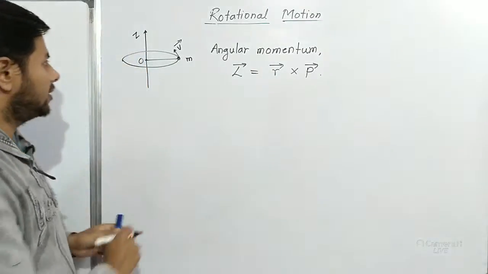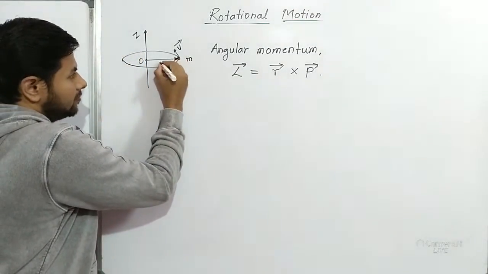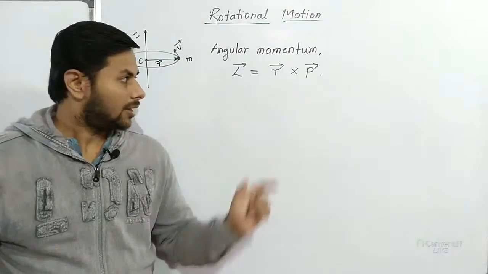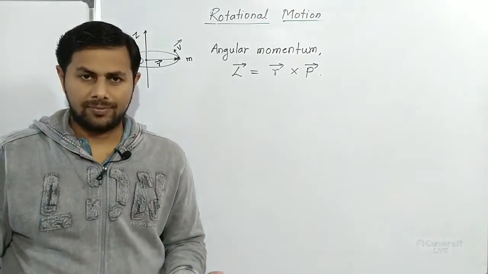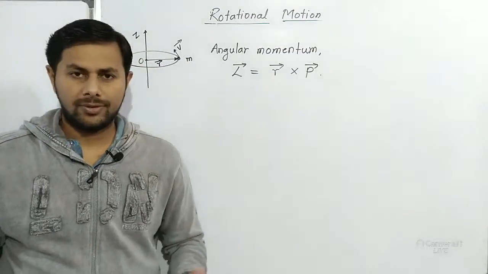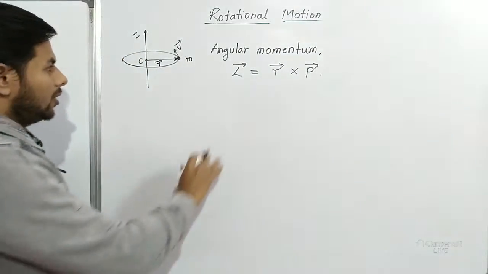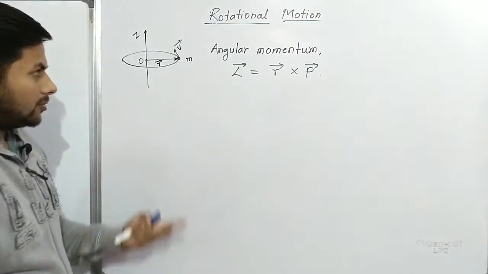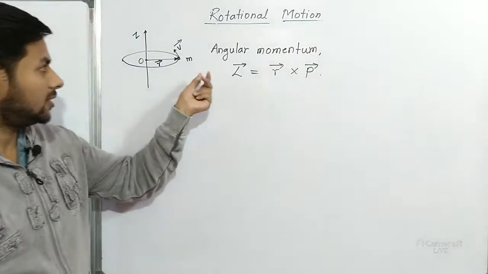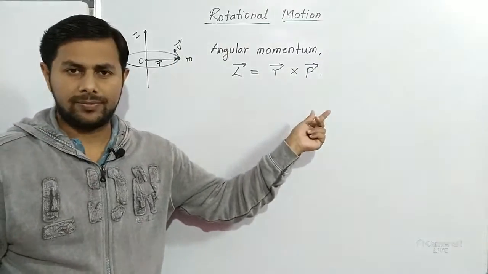R bar is the position vector of this mass with respect to this center, and P bar is its linear momentum, which is m multiplied by v bar. So we found that for rotational motion, this is an analog of momentum.